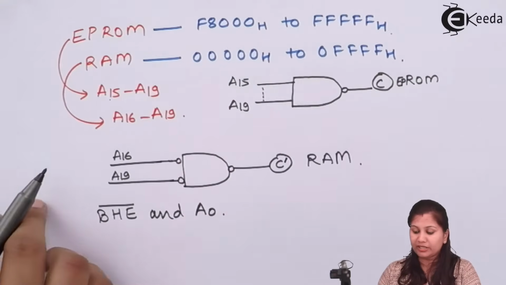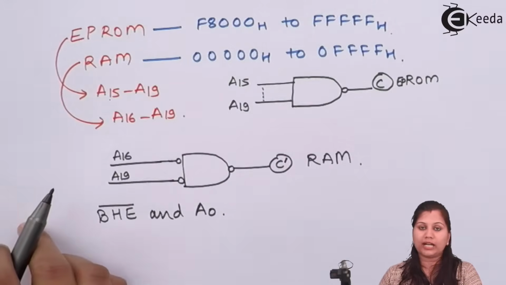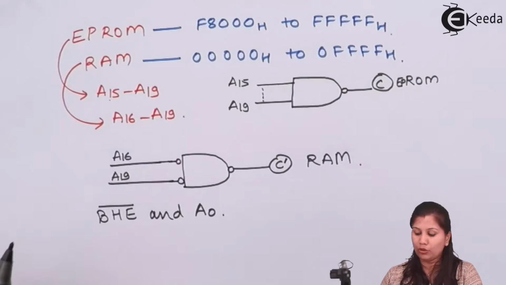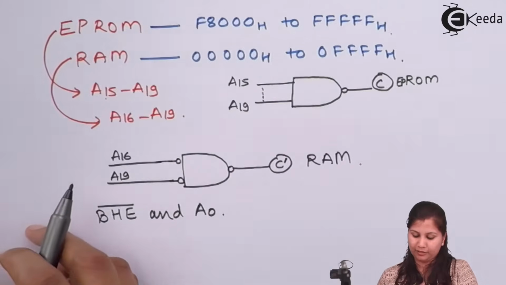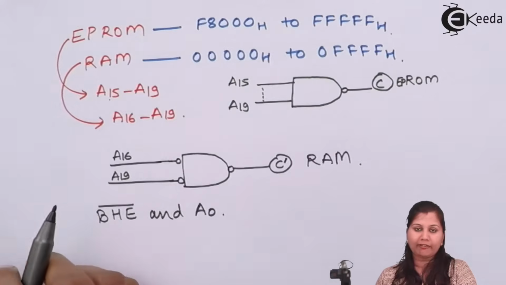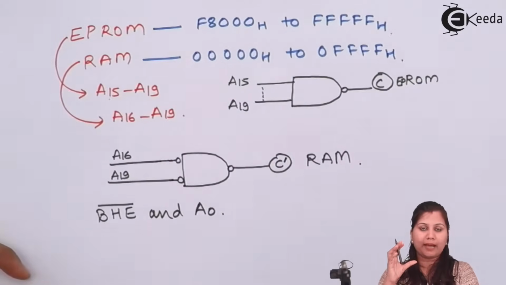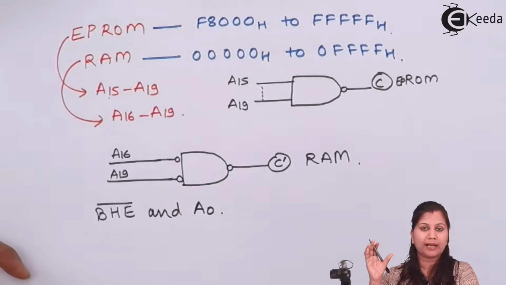Now when we have studied about the interfacing, we know that the first step is we have to arrange these memory chips so that we will get the complete 16-bit data. These memory chips are divided into odd address bank and even address memory bank.